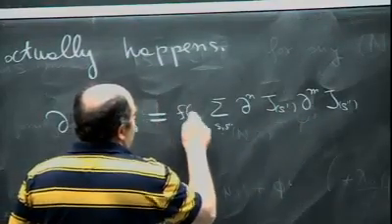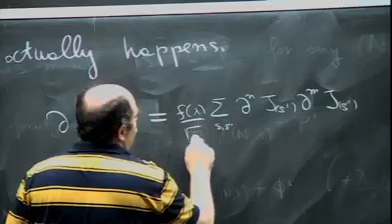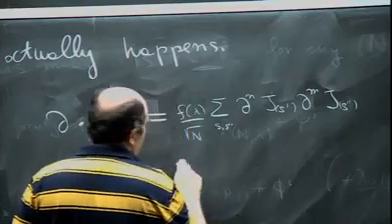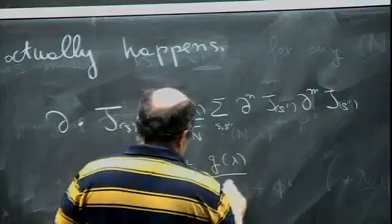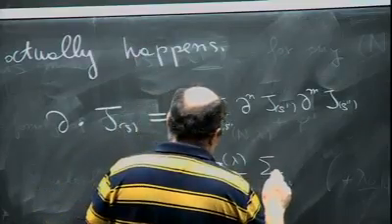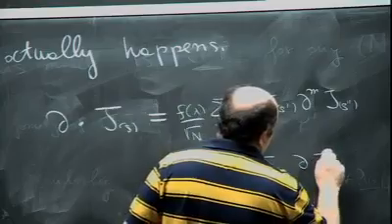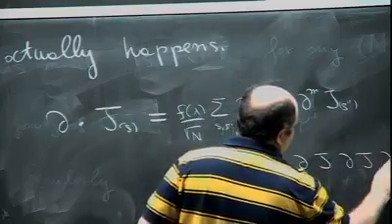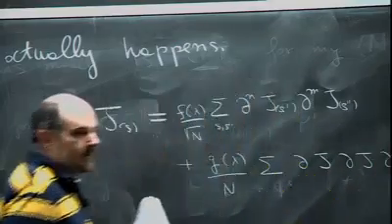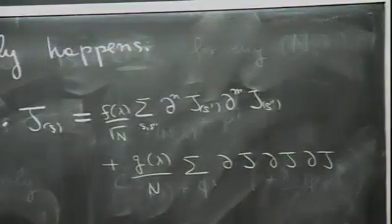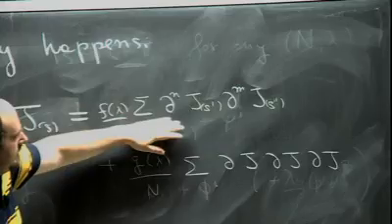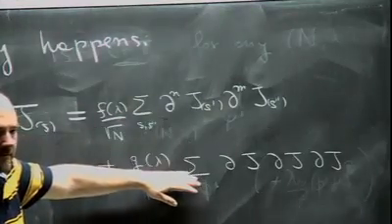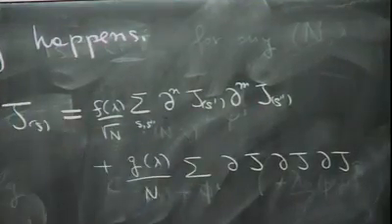And here there is some function of lambda over root n, and there can also be another function g over n and a triple trace operator. Okay, so let me just write it like this. So this is what actually happens in these theories. The divergence of this current is equal to a combination of double trace and triple trace operators.